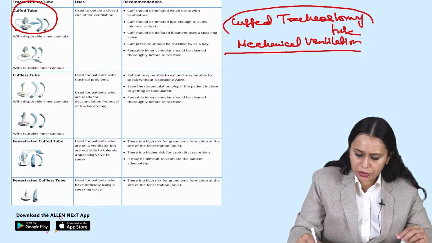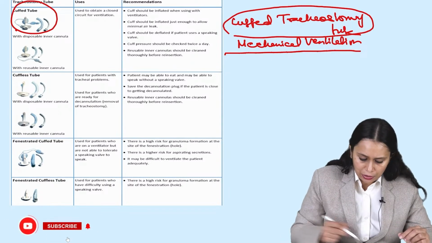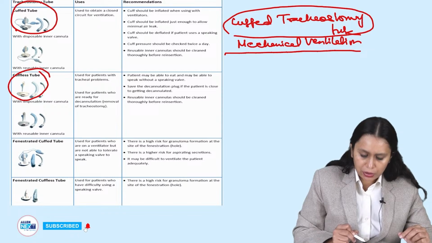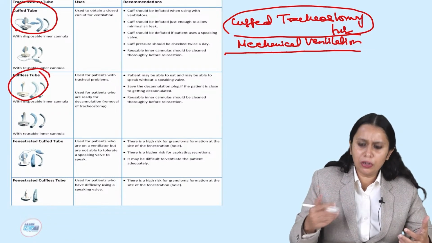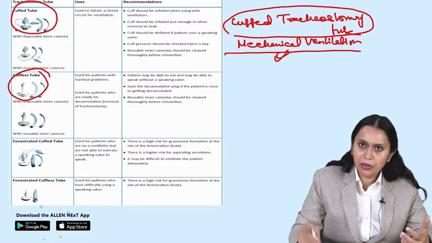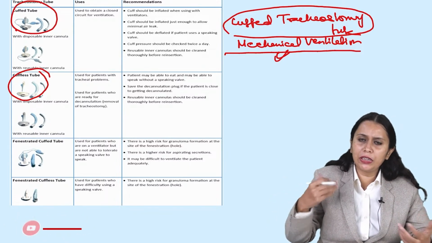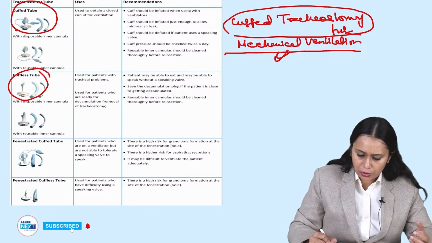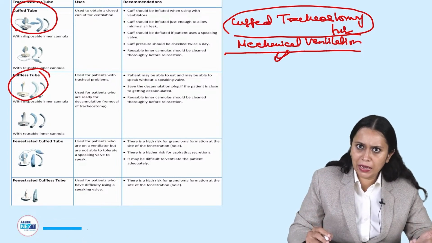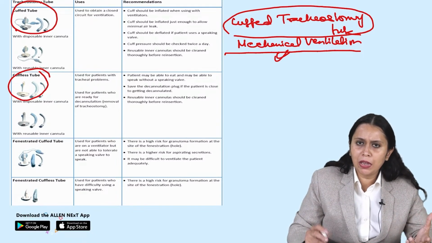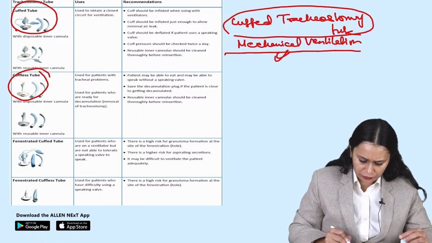So, always a cuffed tracheostomy tube we will use, right? A cuffless tracheostomy tube is a tube which we cannot use for mechanical ventilation. When the patient is ready for decannulation, we can use a cuffless tube. So, this cannot be used for mechanical ventilation. The patient will aspirate and a seal will not be created for positive pressure ventilation.